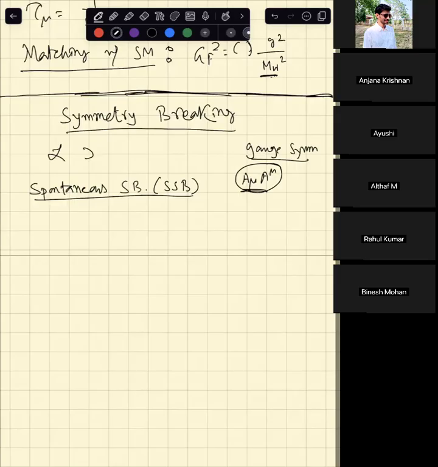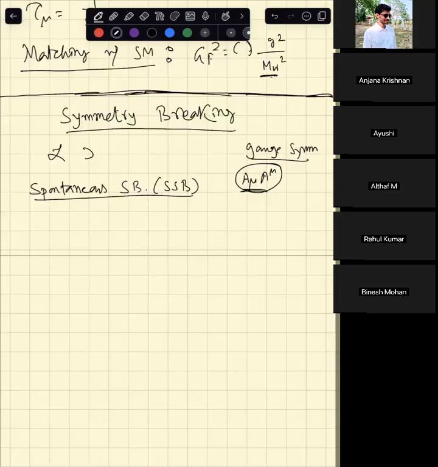So we will not disturb the symmetry of the Lagrangian, but still we can generate the mass term of the gauge bosons. That's why this is the most suitable known method to generate the masses for the gauge bosons, and that's why, to understand the mass generation of the massive gauge bosons, we need to learn spontaneous symmetry breaking.